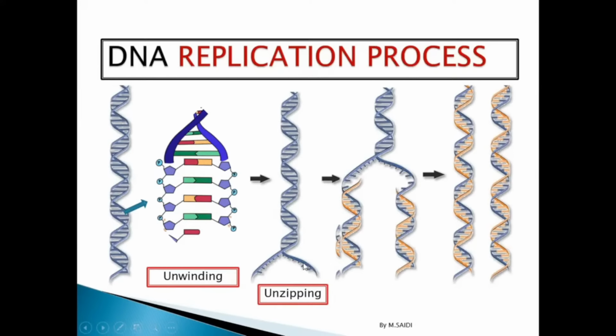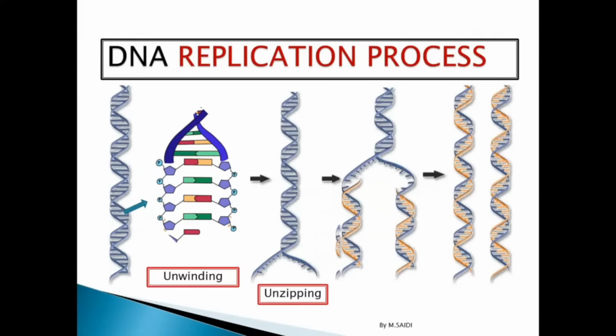Because I want to form two new DNA, each strand will act as a template for the formation of a new strand. A template is like a mirror. The old strand acts as the object, and in the mirror you form another one, the inverse of what you are seeing. So this old strand acts as a template for a new strand, and this one also acts as a template for the new strand.